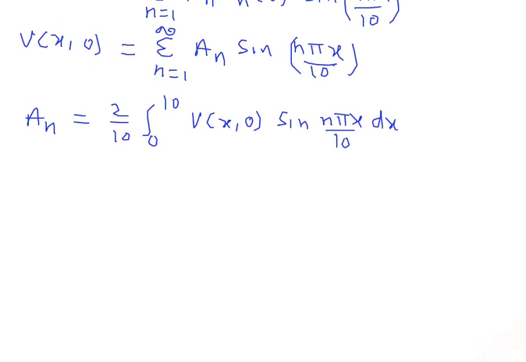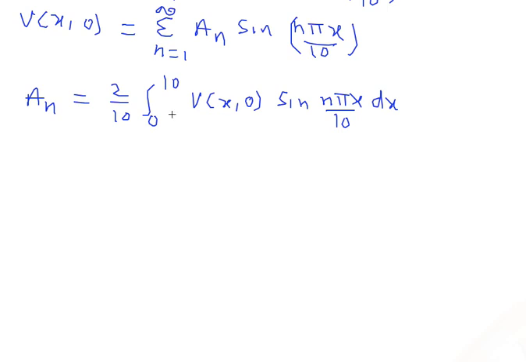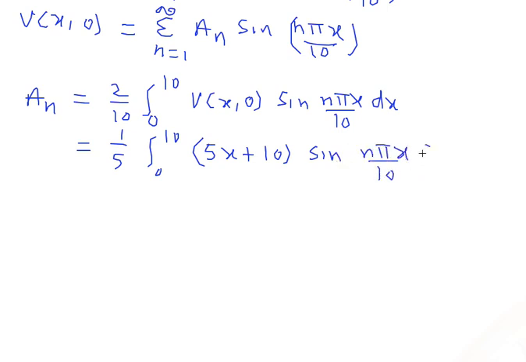By putting v(x,0), I think v(x,0) was 5x plus 10, so this is 1 over 5 integral 0 to 10 of (5x plus 10) times sine. This is a definite integral, and we have to integrate by parts.